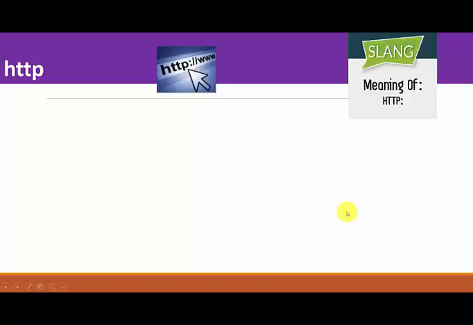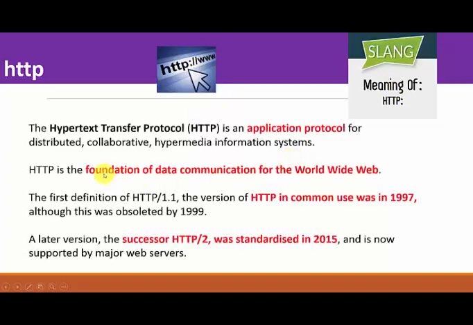Let's begin with a very important terminology, HTTP, which you see all the time. When you look at a web address, you see http://www. What does it mean? HTTP is expanded to Hypertext Transfer Protocol. This is an application protocol, a system of procedures for distributed, collaborative and hypermedia information systems.